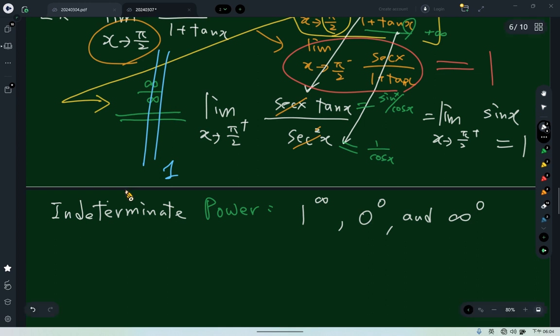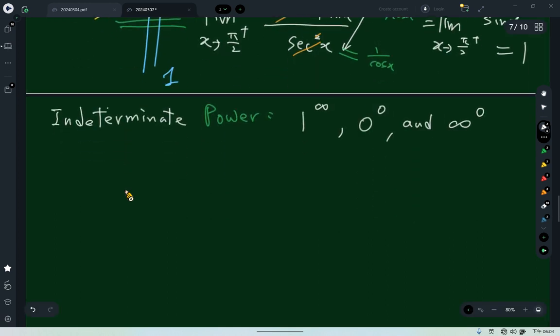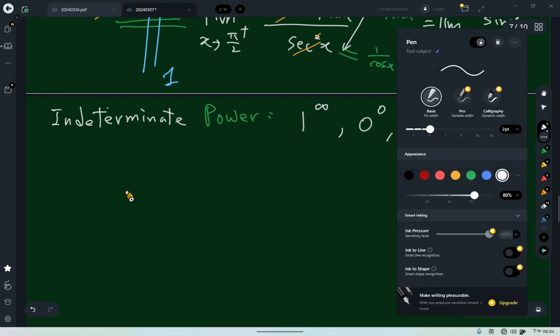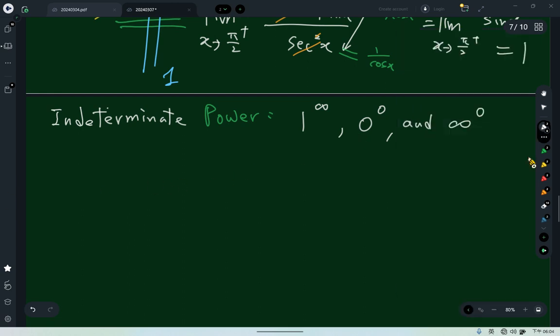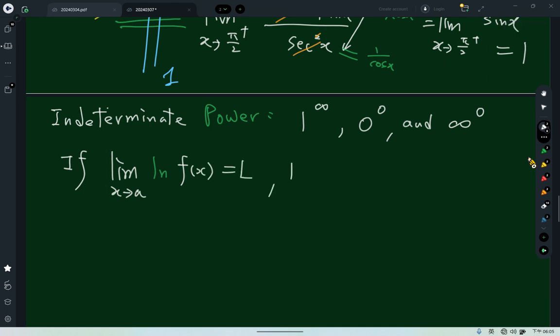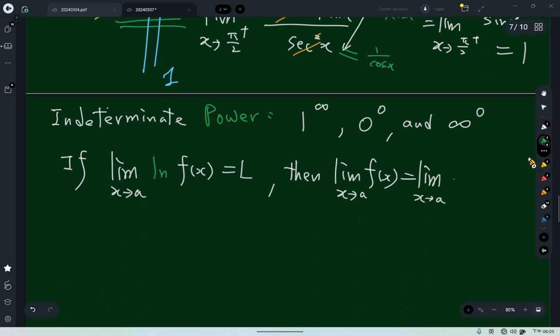So let me just give you one example: normally we will follow this mechanism to solve this problem. So if we can get the limit as x approaches a of ln f of x is L, then we can get the limit as x approaches a of f of x will be the limit as x approaches a of e to the power of ln f of x.